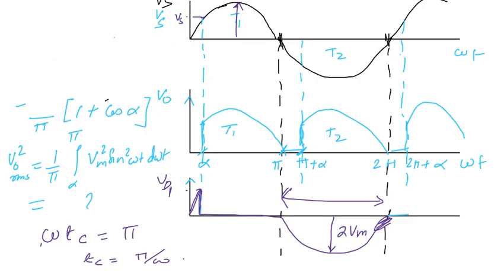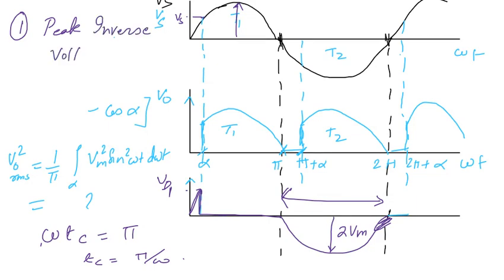The first disadvantage is the peak inverse voltage of the SCR is 2 Vm, twice the supply voltage. So this is one of the biggest disadvantages of this circuit.